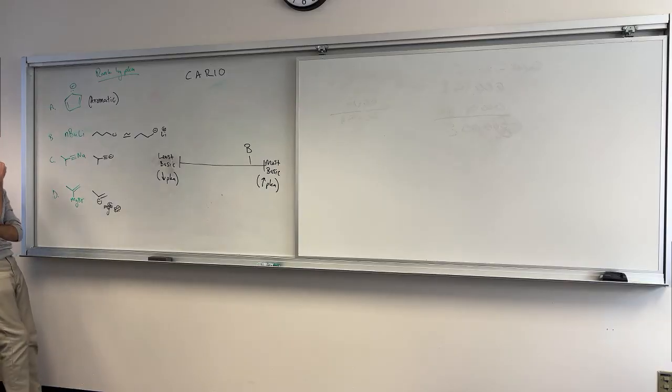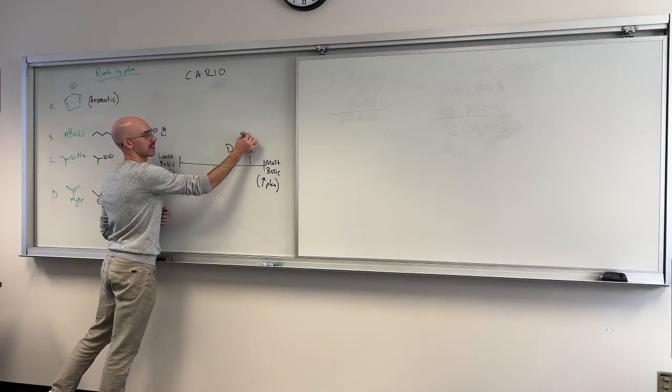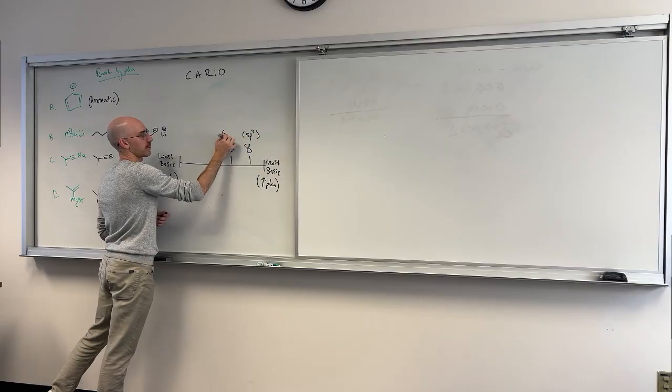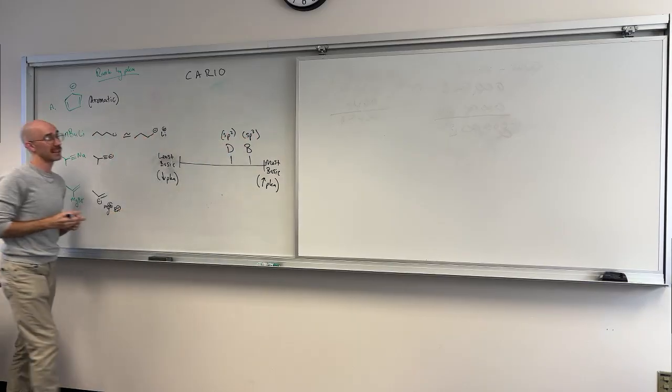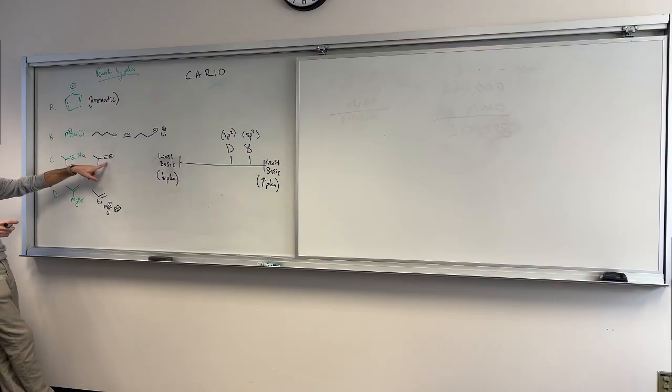All right, then what would you say? D, the sp2 carbon. This was the sp3 carbon, the sp2 carbon. All right, now we're really down to it. How can we compare the sp hybridized carbon and the aromatic carbon?